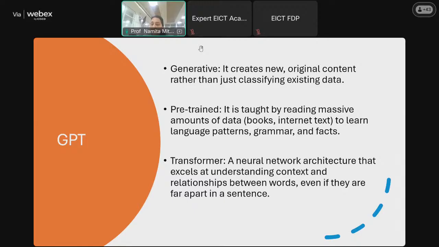It is a neural network architecture that excels at understanding context and relationships between words. That is how new things are generated. If I say the cat sat on the mat, mat comes from neural network architecture, right? And they are far apart in a sentence, not very near to each other.